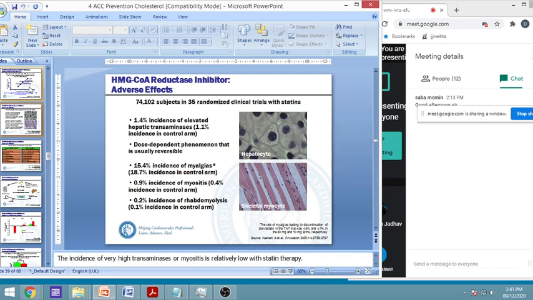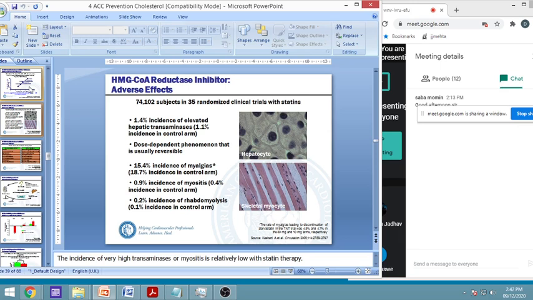The biggest problem is the around 15% incidence of myalgias, that is muscular pain which causes damage. There is 0.9% myositis, that is inflammation of muscle, and 0.2% rhabdomyolysis, that is damage of muscles, which can be very severe and debilitating.